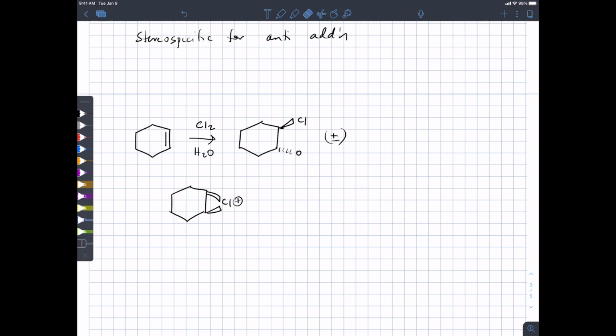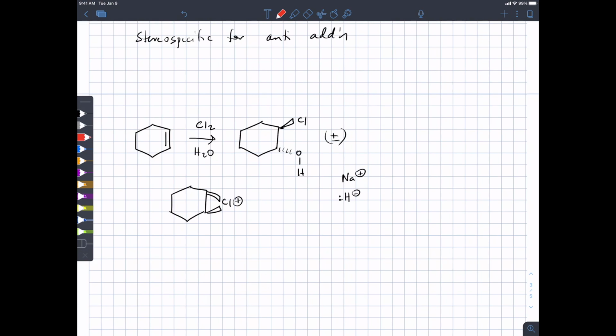Then if you add a base, and typically the base of choice is sodium hydride. Sodium and hydride don't do a good job of dissociating into organic solvent. In fact, they're sort of insoluble and sit at the bottom of the flask in a chunk, and only the surface atoms react.